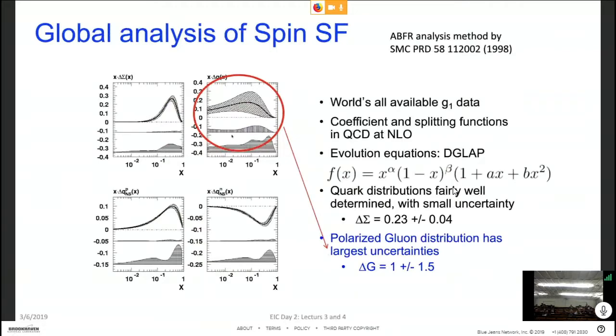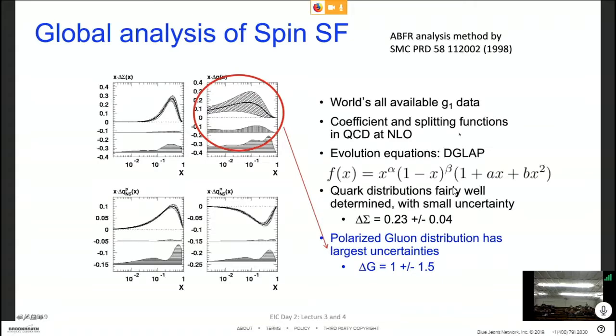Not surprisingly, the gluon's first moment, the gluon's contribution, comes out to be 1 plus or minus 1.5. Remember, we are looking for the total proton spin to be 0.5, and I'm getting part of that, delta G, to be 1 plus or minus 1.5. And that's precisely because we don't have the leverage to do the precision measurement.